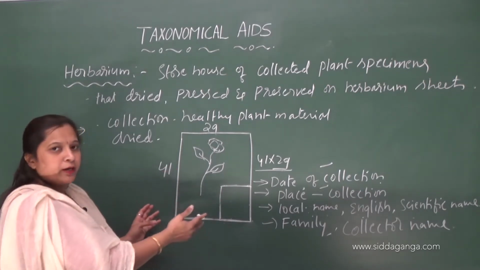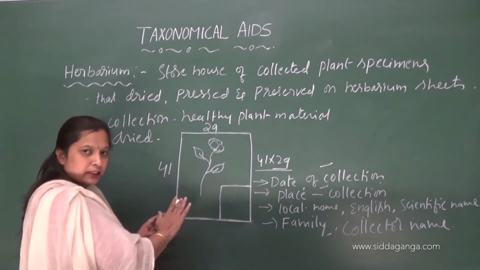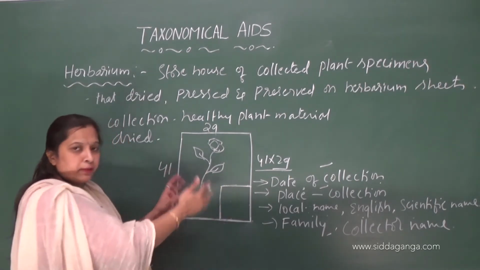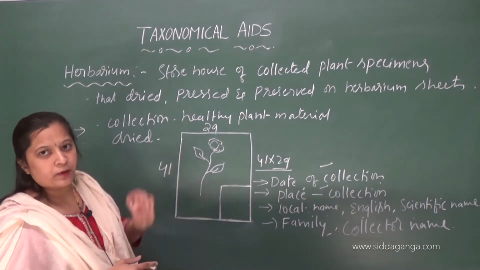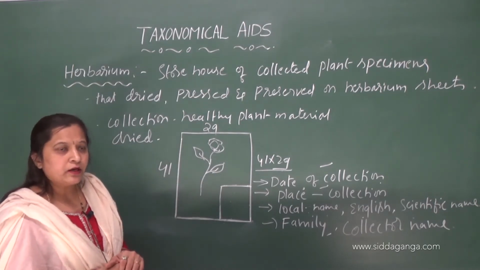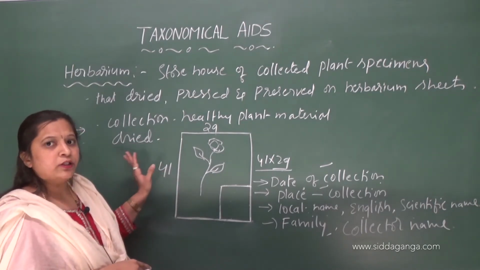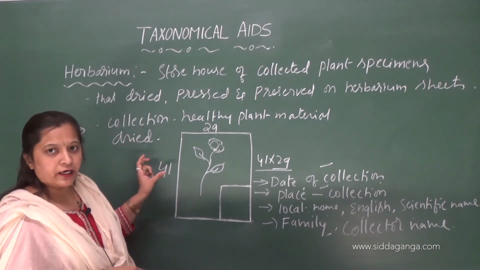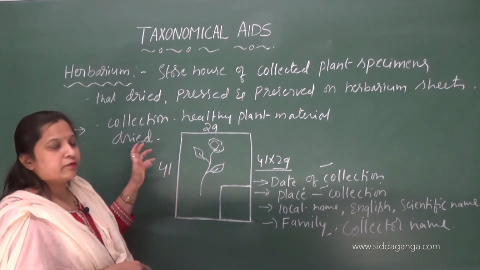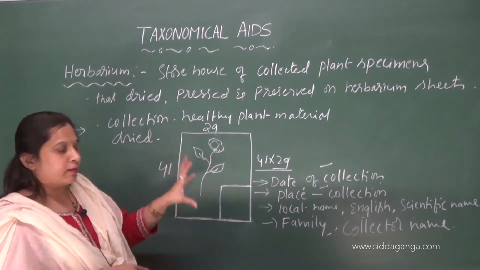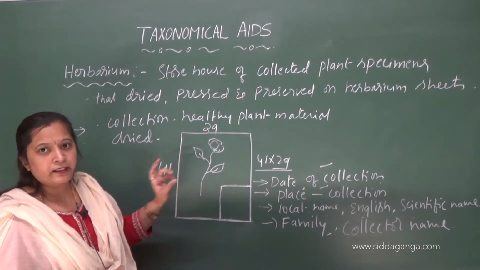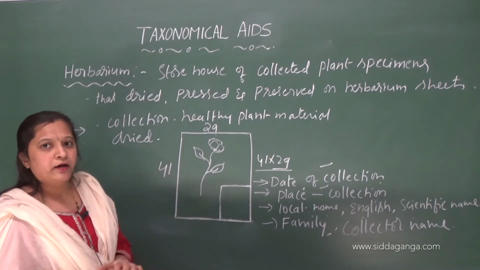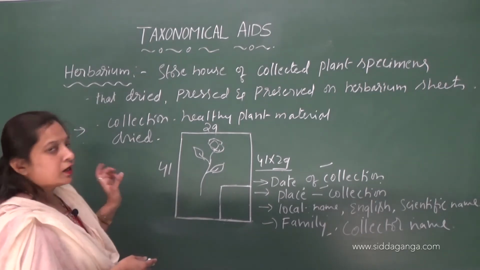If they open the herbarium sheet, they can see a plant specimen along with its complete description. This is one of the taxonomical aids which helps in identification of plant specimens, and it provides information about the particular plant species along with its description.